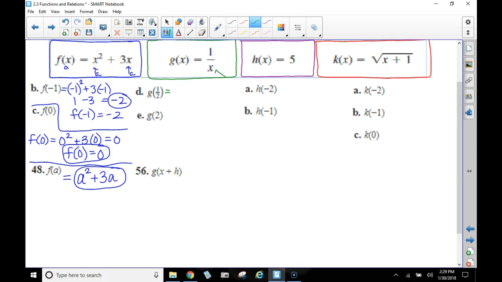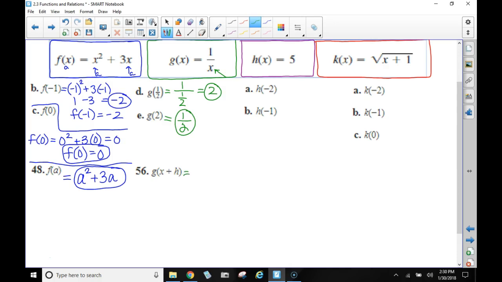That means go to your g function and where you had an x, replace that with 1/2. 1 over 1/2 is 1/2's reciprocal, which is 2. So g evaluated at 1/2 is 2. G evaluated at 2 means go to your g function, replace your x with 2. So g evaluated at 2 is 1/2.